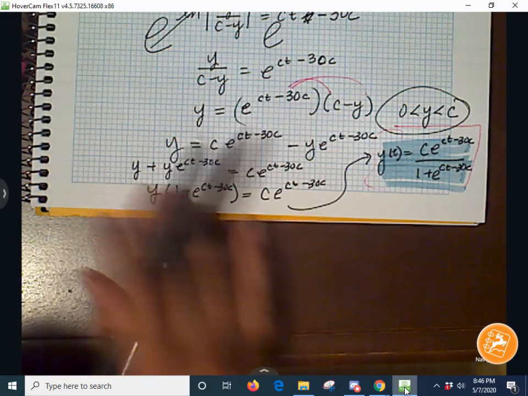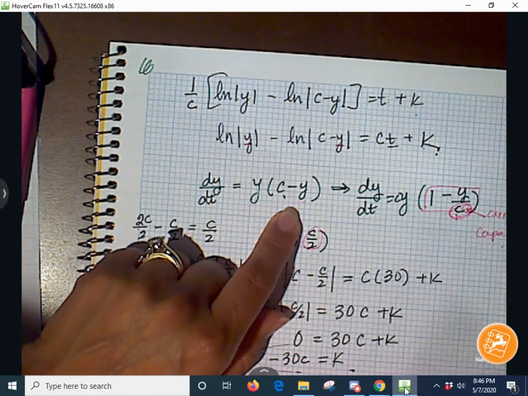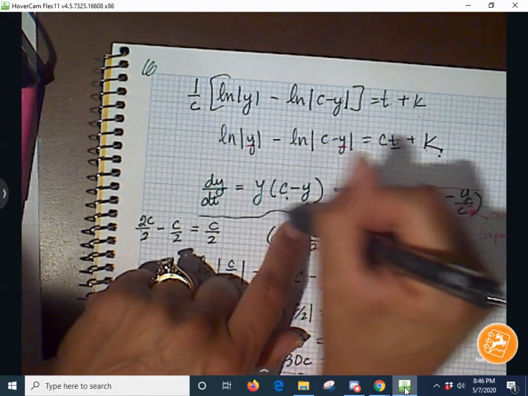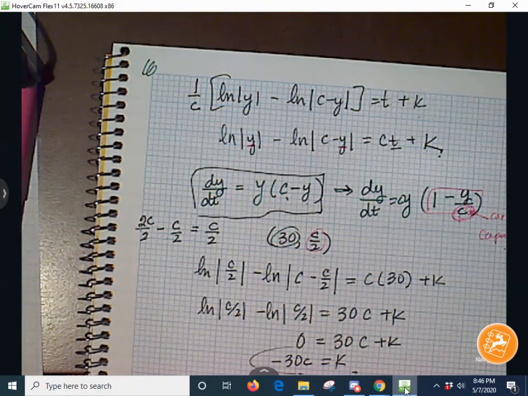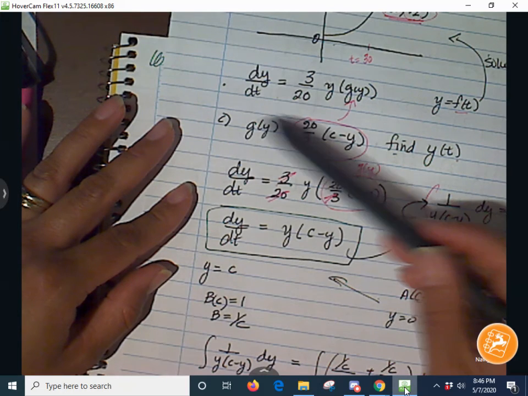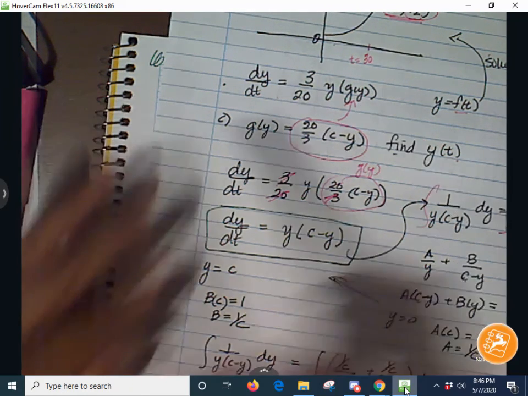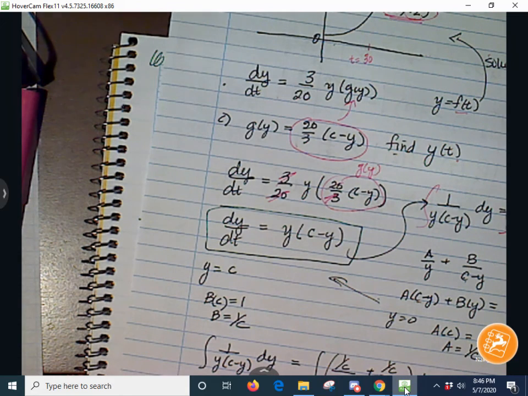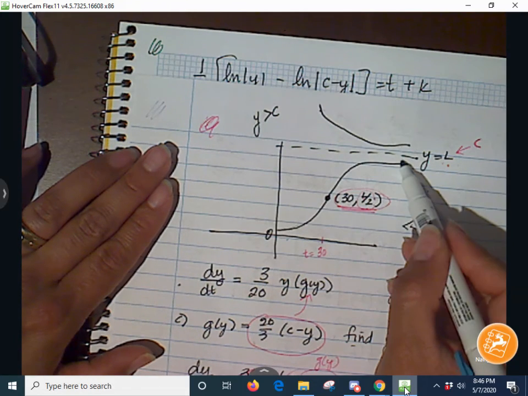And so now they rewrote it. Right here. So when we had this expression, which we got from substituting g of y into our dy dt, here our dy dt is positive.